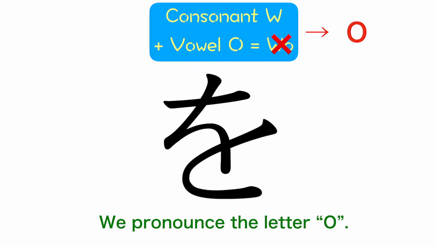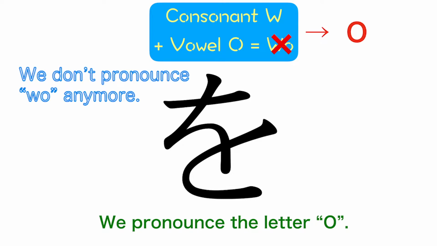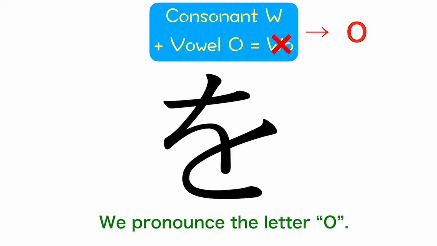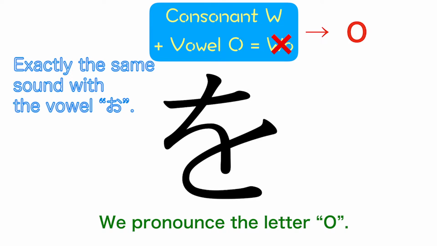However, the second sound is WO, but we don't pronounce wo anymore. We used to pronounce wo actually before, but that's an old way. So we pronounce o exactly the same as the vowel o.